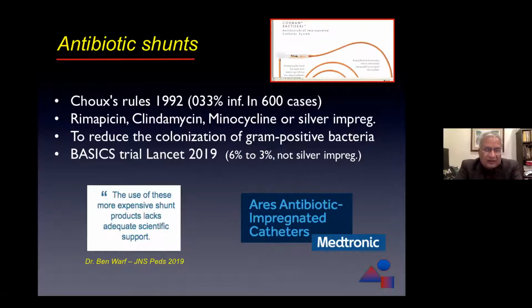The antibiotic impregnation is actually supposed to be rifampin, sorry. The rifampin and clindamycin and so on work very well. And I'll speak a few words about the BASICS trial.